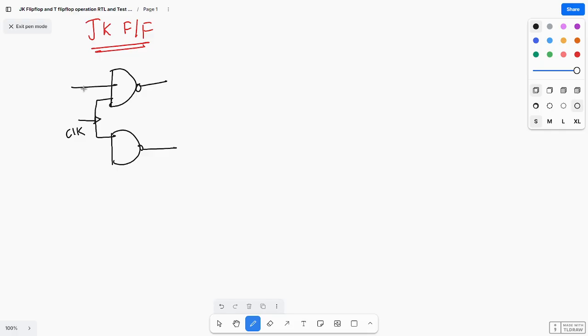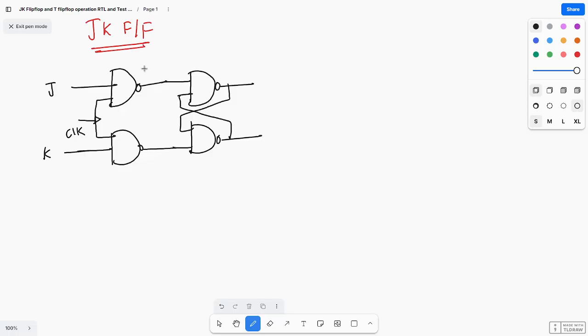Here you are giving J, and this is K. These are connected to one more NAND gate, the NAND latch. The output will be fed back like this, and this input is connected like this.